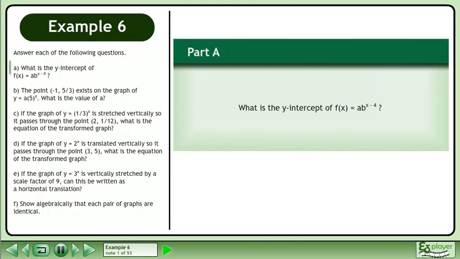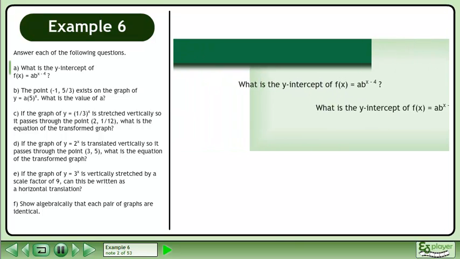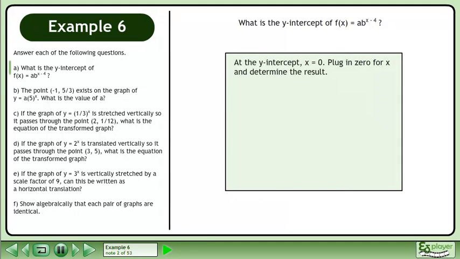Answer each of the following questions. In part A, what is the y-intercept of f of x equals a times b to the x minus 4? At the y-intercept, x equals 0. Plug in 0 for x and determine the result.